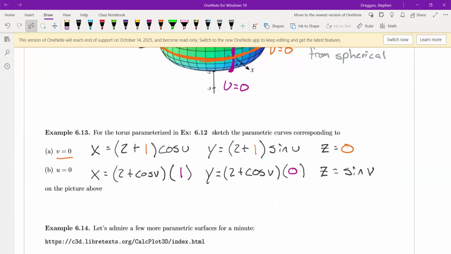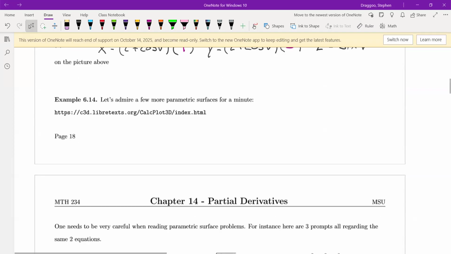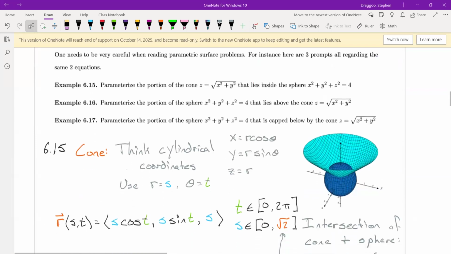But in particular, those two traces that I drew in, or parametric curves, are v equals 0 and u equals 0. So just looking at what would happen if I fixed each angle at its starting value, and just looked at how the other one operated around this donut shape. So plugging that in, those are the equations that I got.